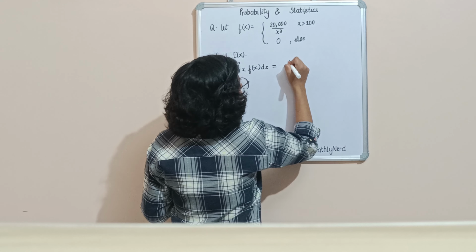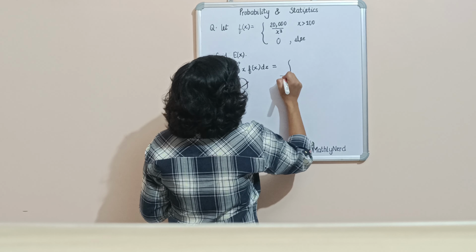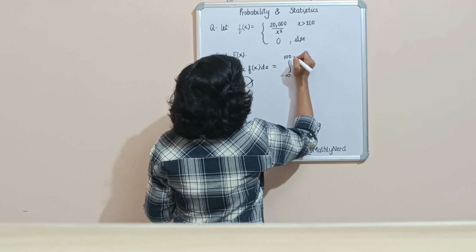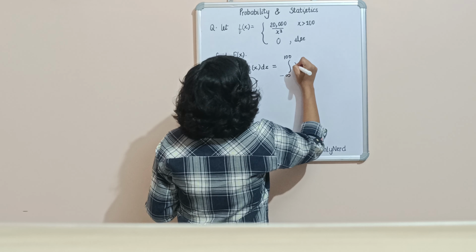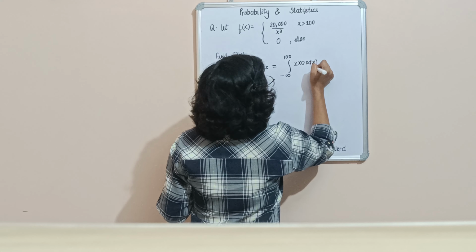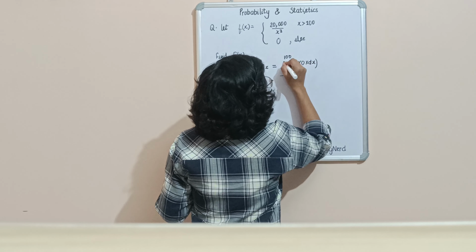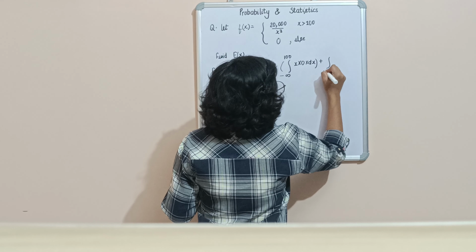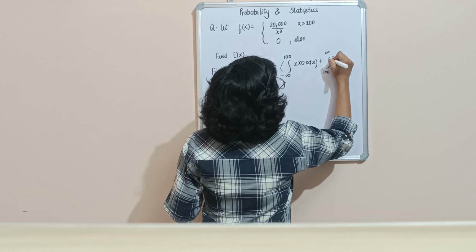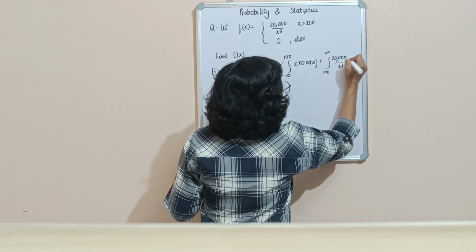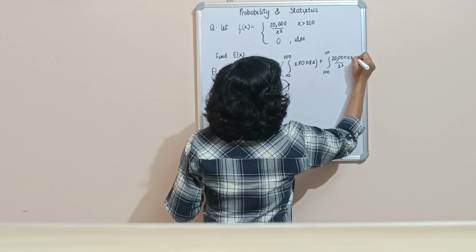For x less than 100, our equation will be integration from minus infinity to 100 of x times 0 dx, plus integration from 100 to infinity of 20,000 by x cube multiplied with x dx.